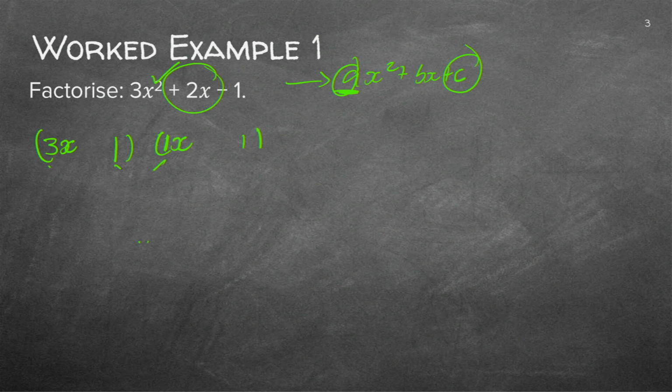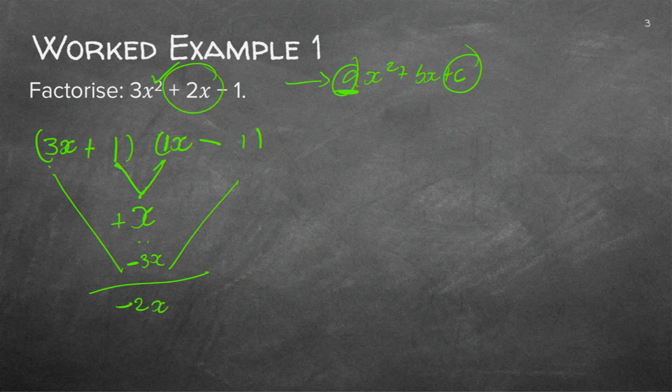So let's say I decide to put plus this side, minus that side. If I multiply these two values, I get x. If I multiply those two values, I get negative 3x. If I add these two values, yes, I somehow achieve a 2, but it becomes a minus 2x.